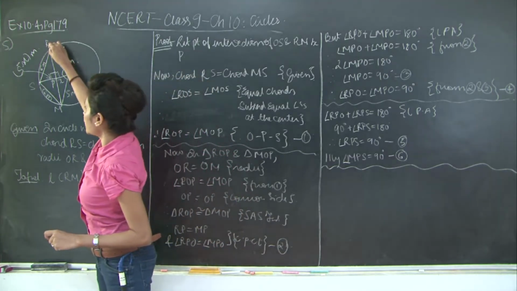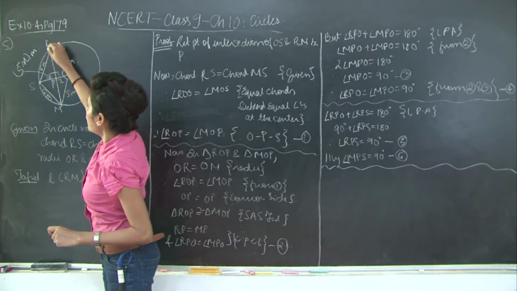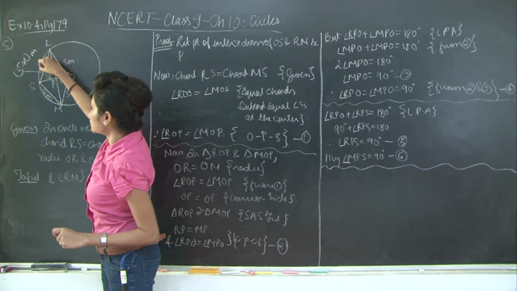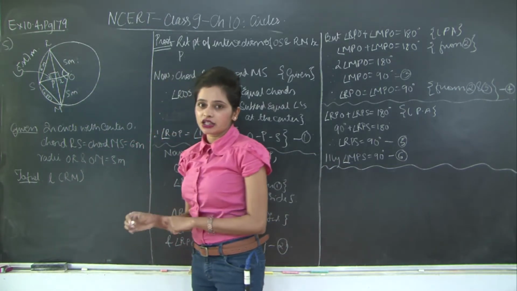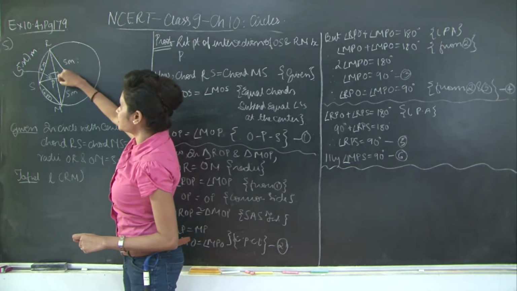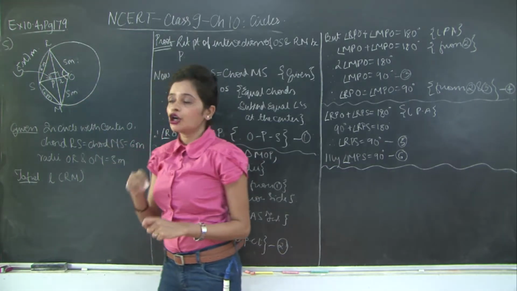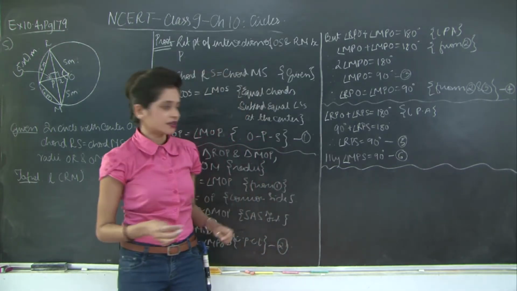Similarly, in right angle triangle RPS, you have RP square is equal to RS square minus PS square, which is 6 square minus 5 minus x the whole square. And then you are going to equate 5 square minus x square is equal to 6 square minus 5 minus x the whole square. You will be able to find the value of x, and then we will see how to solve the question. Okay.